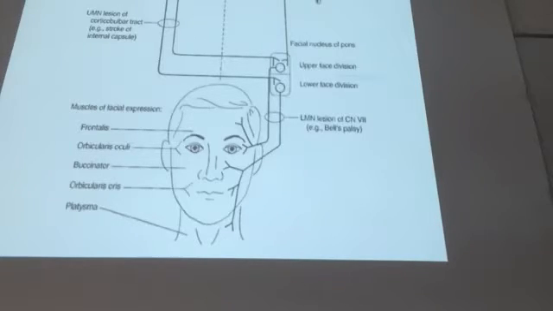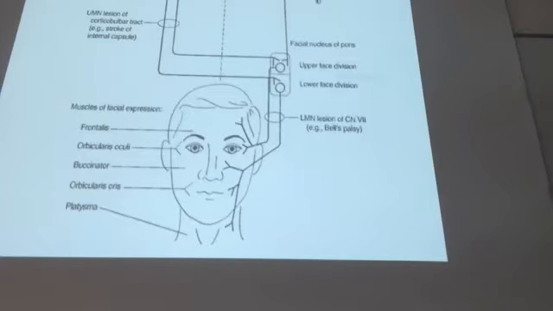Then you have a lower motor neuron. The lower motor neuron is the facial nerve that you see coming out of the brainstem, coming out of the pons. That's your lower motor neuron of the motor part of the facial nerve.